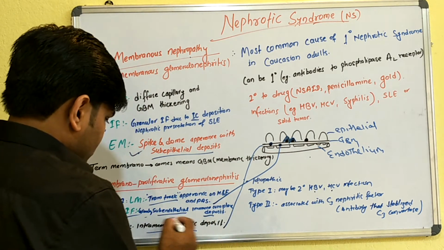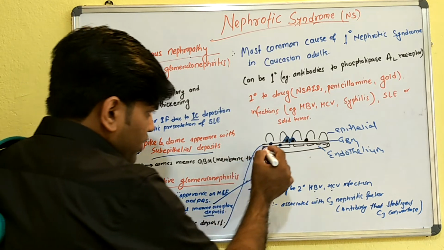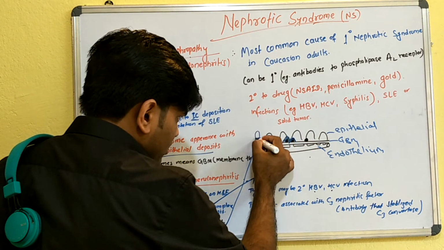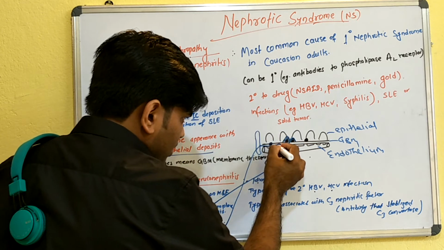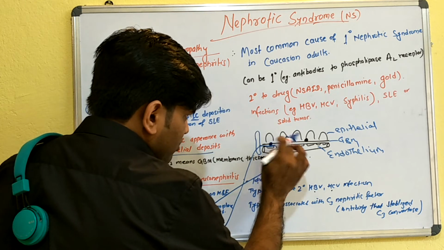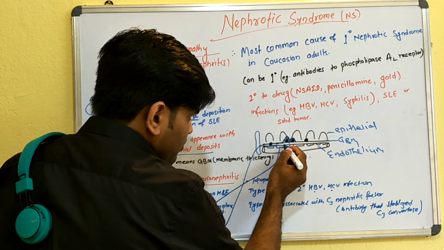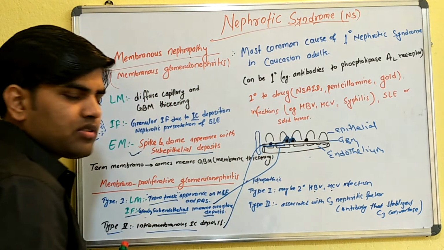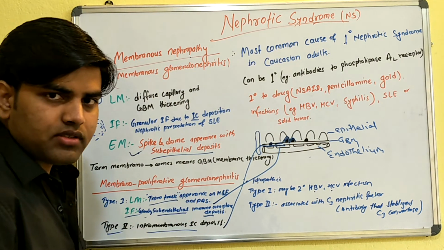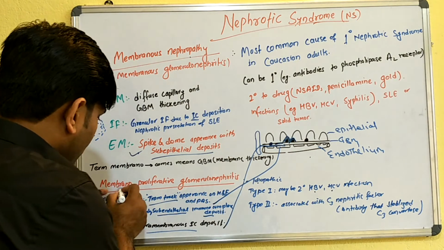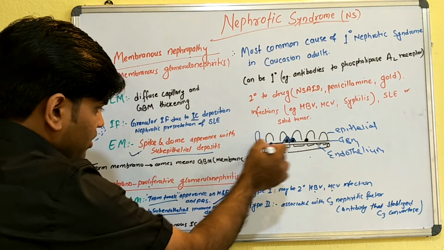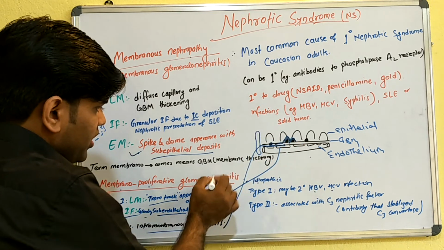And okay, now when you're talking about the tram track appearance, what happens? There will be mesangial proliferation, cytoplasmic proliferation, and it cuts this immune complex and appears as the tram track. So there will be a two railway track appearance, and that indicates tram track appearance on the light microscope. So membrano-proliferative: the mesangial proliferation cuts your immune complex deposition, and glomerulonephritis.